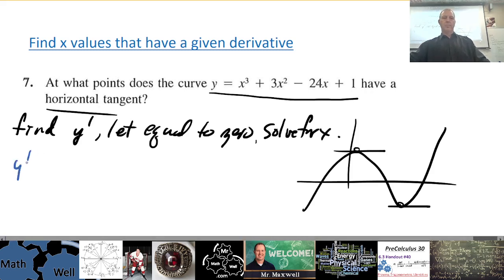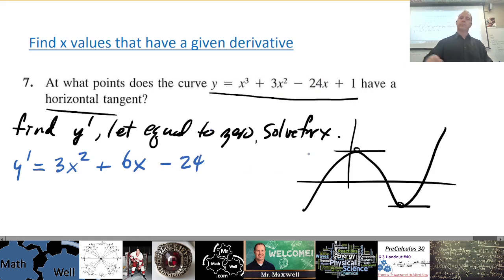So y prime is, what's the derivative of 3x cubed? 3x squared, good, plus 6x, good, minus 24, and then plus 0. Awesome. So found y prime, awesome.